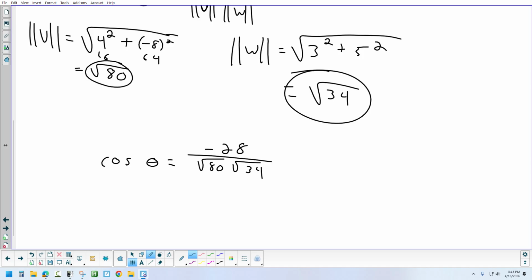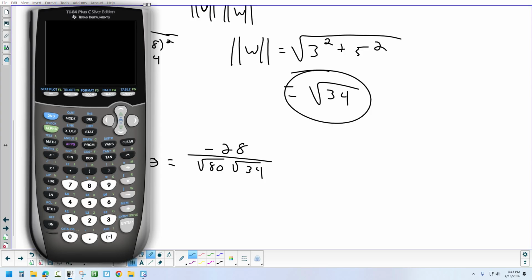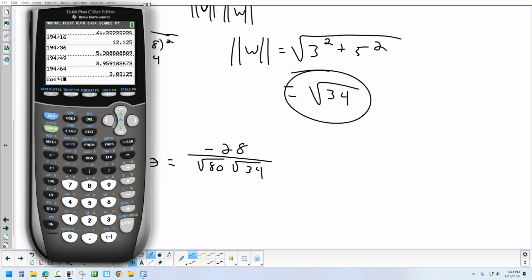Okay, and Eileen, how do I solve for theta? Inverse cosine. Okay, and I've got a product in the bottom, so I need to make sure that the denominator is in parentheses. So negative 28 divided by the square root of, if you want, you could actually just do it like this.